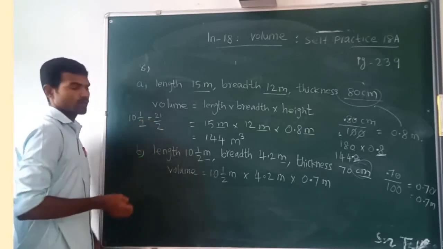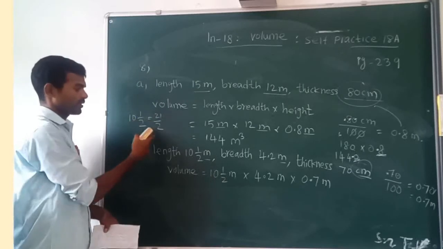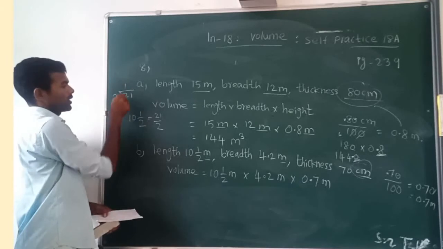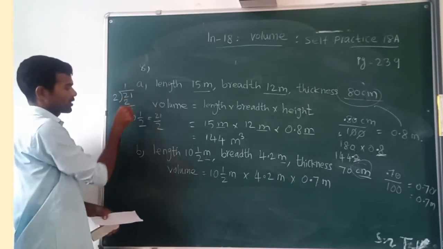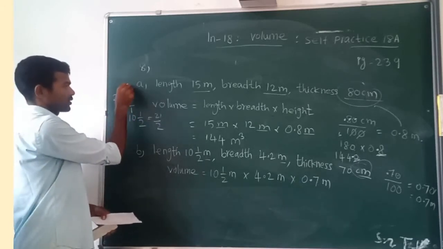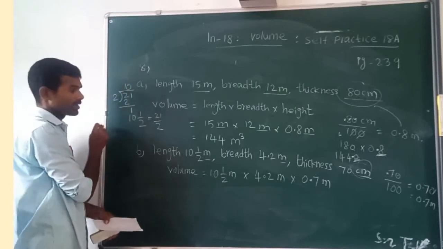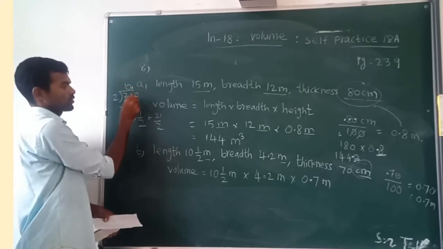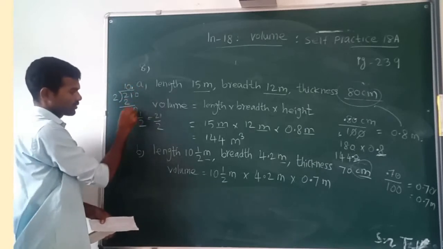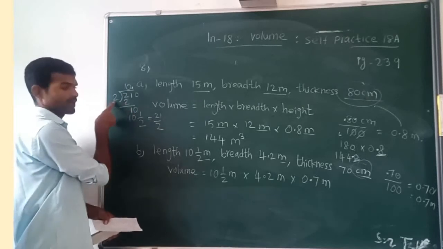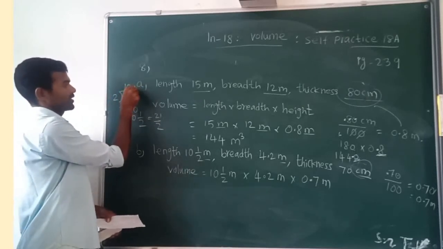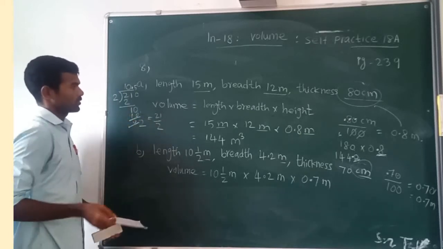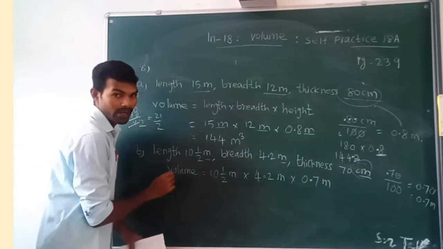Divide this 21 by 2. 1 times 2 and 1 is left over, so it is not possible to divide further. Put the 0 after the point. Take the 0 down again. In 10, how much can you divide by 2? 5 times. 2, 5, 10. So the answer is 10.5.